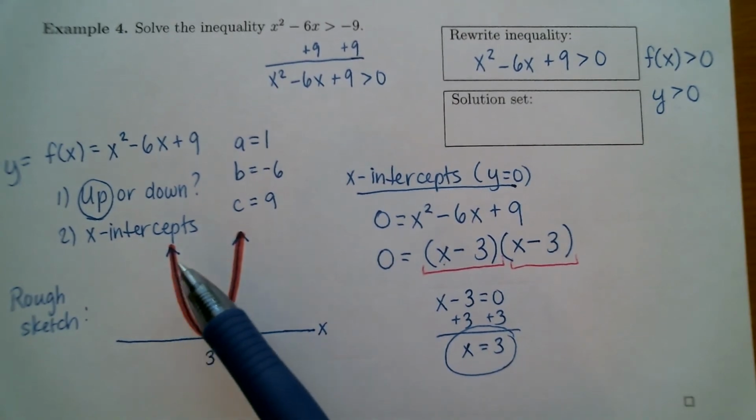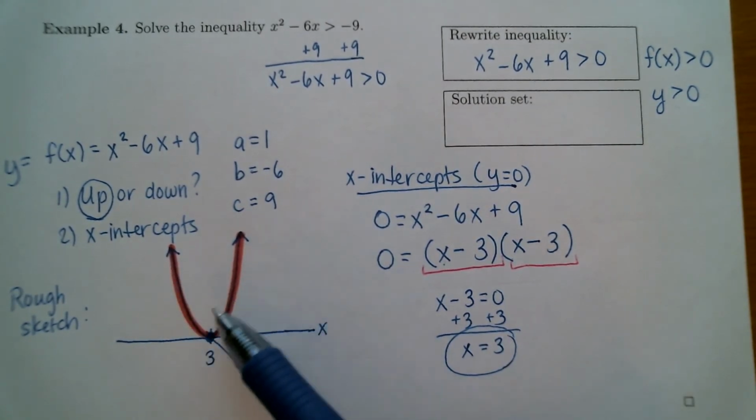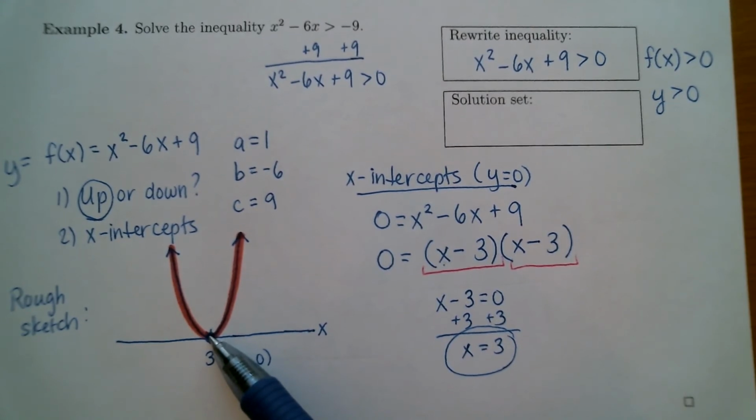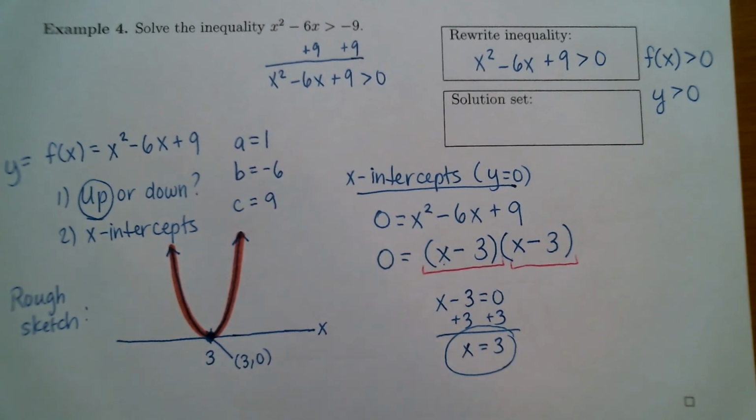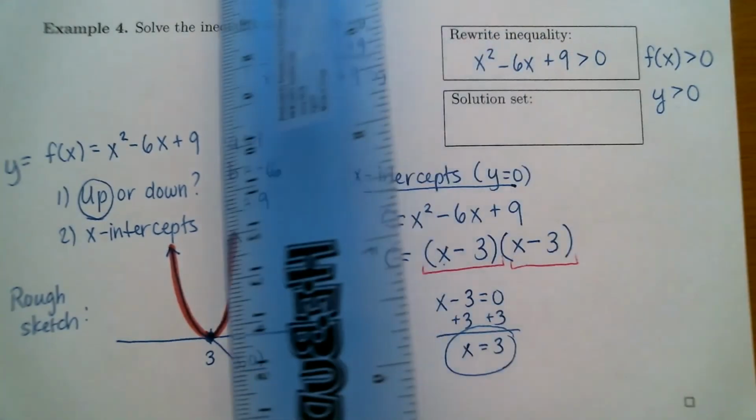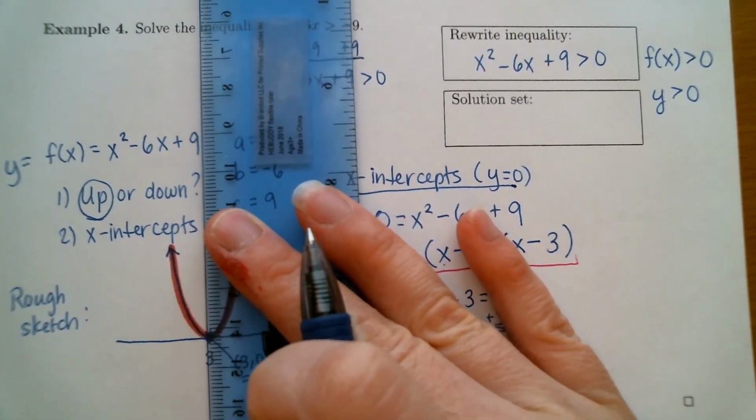So the entire parabola is above the x-axis, except for this one point that sits on the x-axis. When you write down your solution set, you cannot include x equals 3 because it has a y value equal to 0. So you're going to have to break this up into 2 intervals.